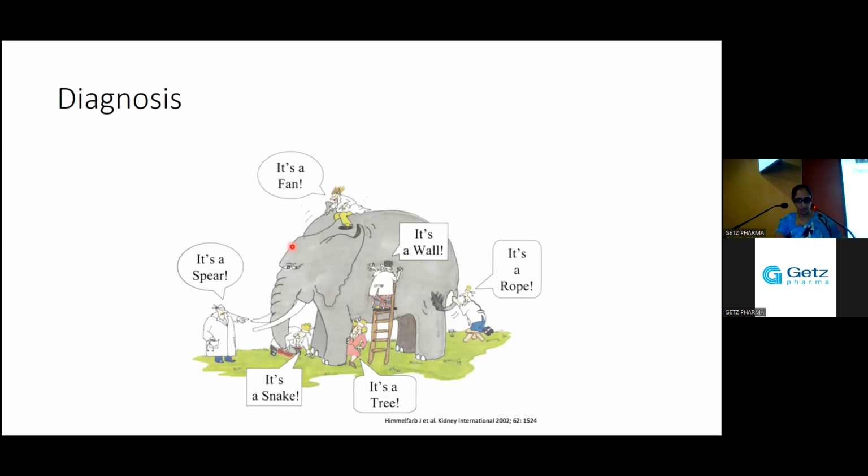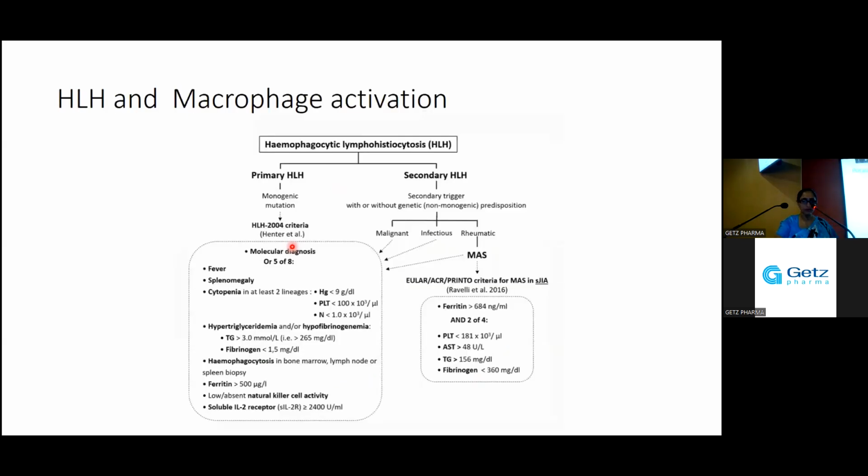This is not my original thought. This was originally shown in APLA by one of our colleagues. I thought it best suits to explain what happens among the experts in the world. So Udari showed this beautiful slide again. This again shows the world talks of HLH, and there's primary HLH, which is a very unique entity.